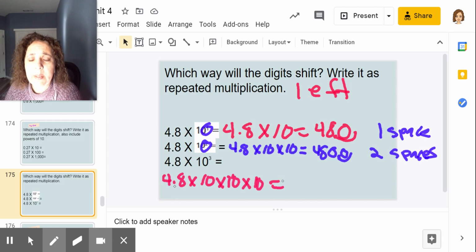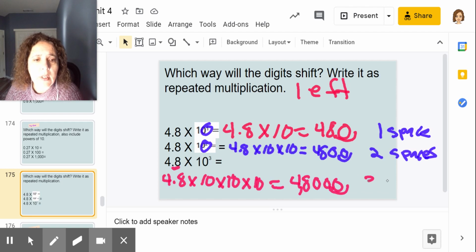So I'm going to ignore my decimal, it's just 48, times the 1, which is 48. And I have how many zeros? 3. 1, 2, 3. Add 3 zeros. How many places over? Got to move it over 3. So it becomes 4,800. And this one moved over 3 spaces.